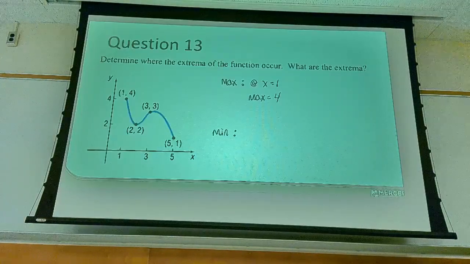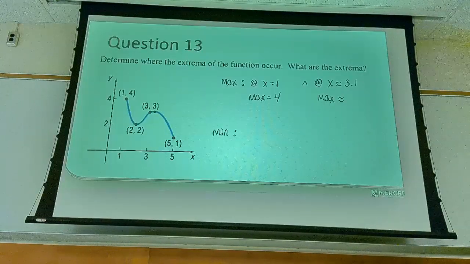We could just say somewhere close to 3. Probably occurs right there, so it's like 3.1. That's what I'm going to go with. And the actual value itself is going to be larger than 3.